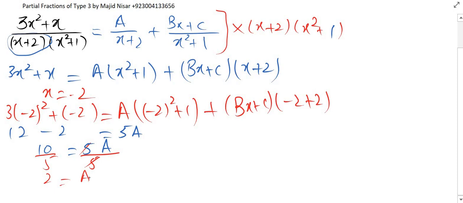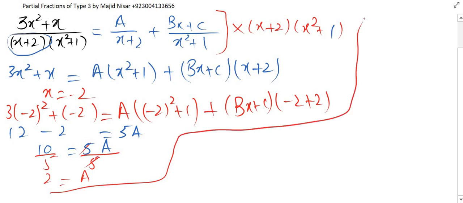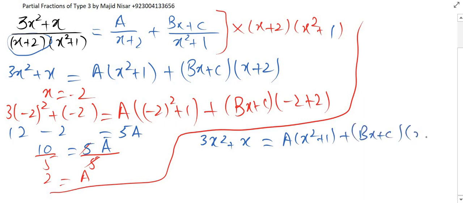Now we have to find the values of b and c. How can we find it? This is very easy. Because we have the expression 3x squared plus x is equal to A into (x squared plus 1) plus (bx plus c) into (x plus 2). This is the equation.